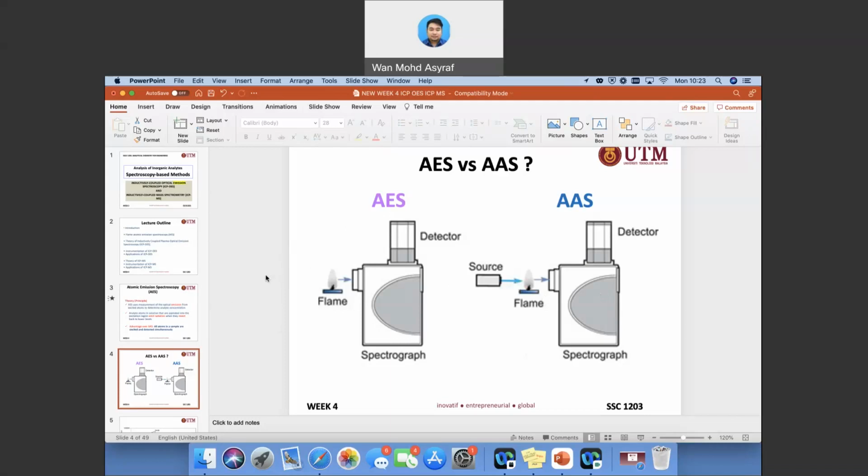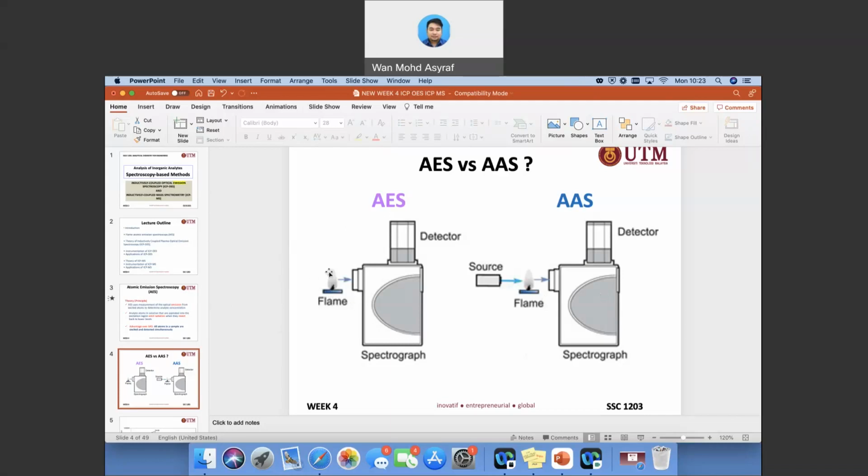The flame here would act as a source of excitation. So it will excite your analyte simultaneously.